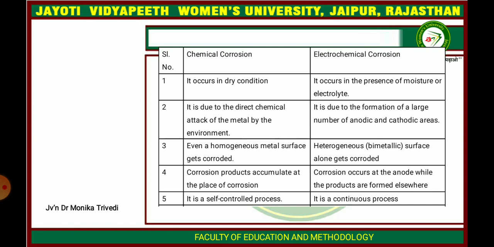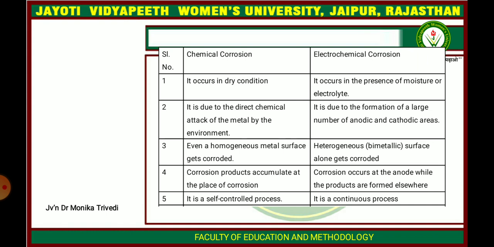This is the difference between chemical corrosion and electrochemical corrosion. Chemical corrosion occurs in dry conditions, but electrochemical corrosion occurs in the presence of moisture or an electrolyte. Chemical corrosion is due to direct chemical attack on the metal by the environment, and electrochemical corrosion occurs due to the formation of a large number of anodic and cathodic areas.